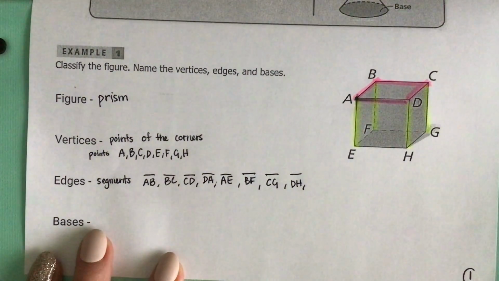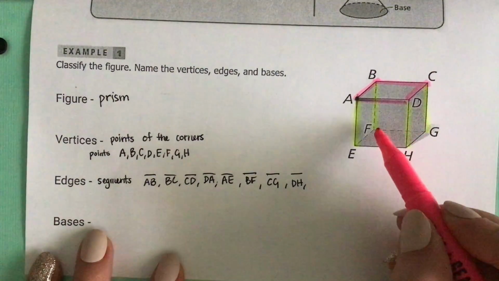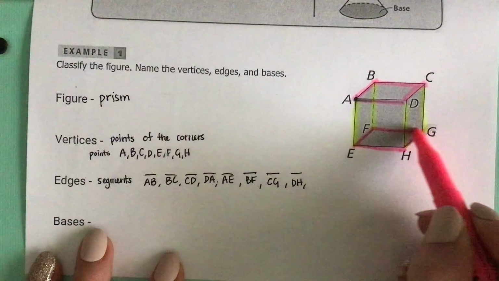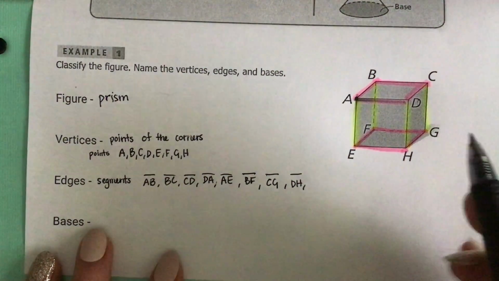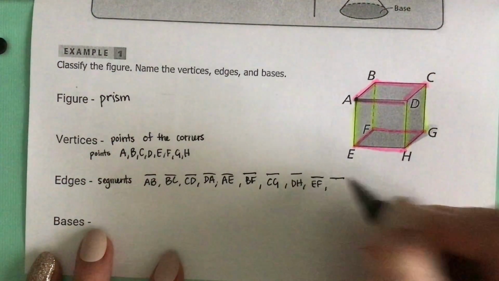Okay, and then I need to go through and do all of the edges at the bottom of the prism as well. So from here to here, and all of these sides. So we're gonna have 4 more edges. So edge FE or EF, we could name it both ways. The order of the letters does not matter.